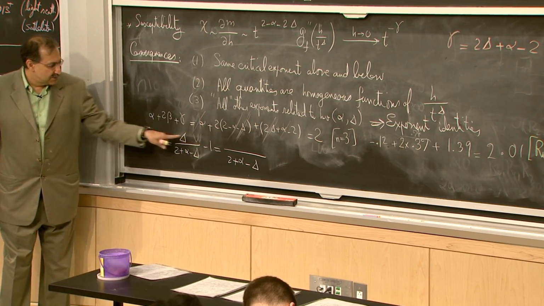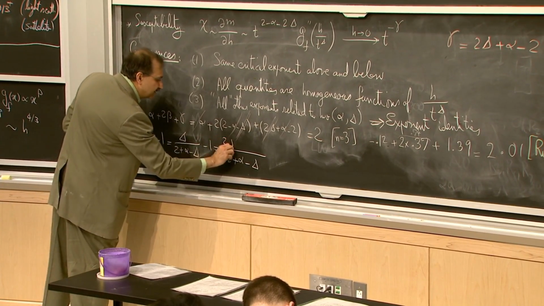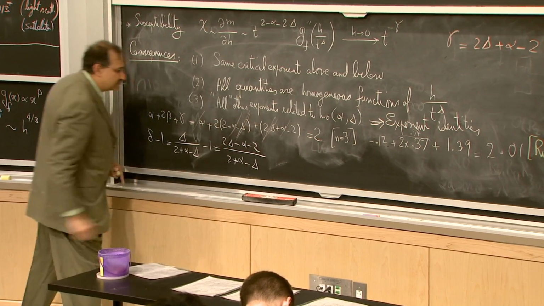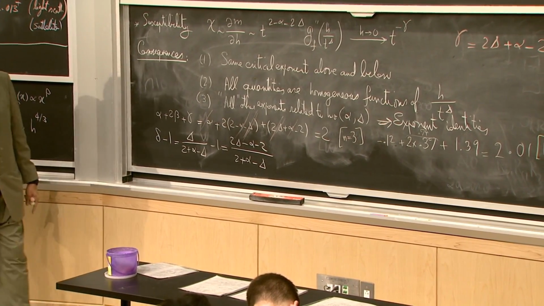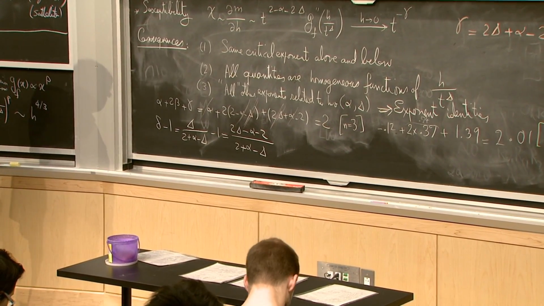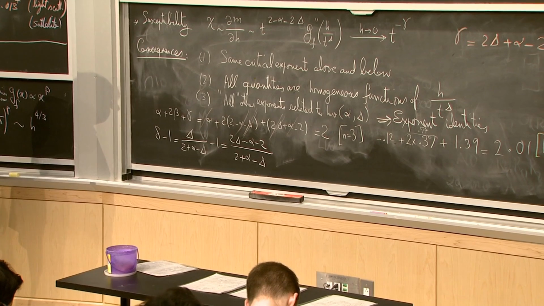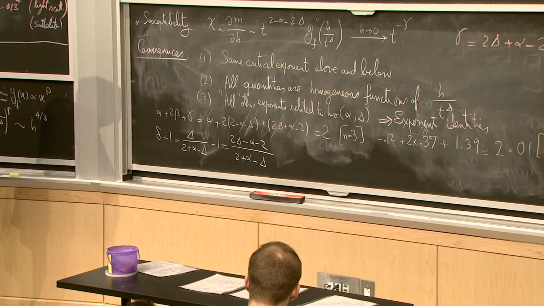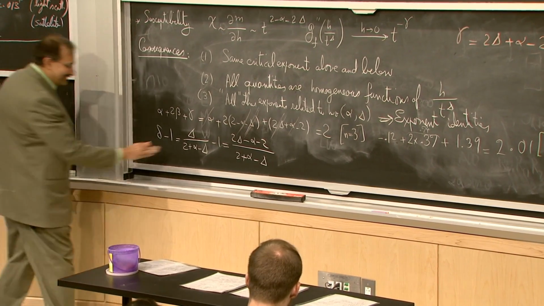This minus delta becomes plus delta, with this becomes 2 delta minus alpha minus 2. Should that be a minus alpha in the denominator? It better be. Yes.